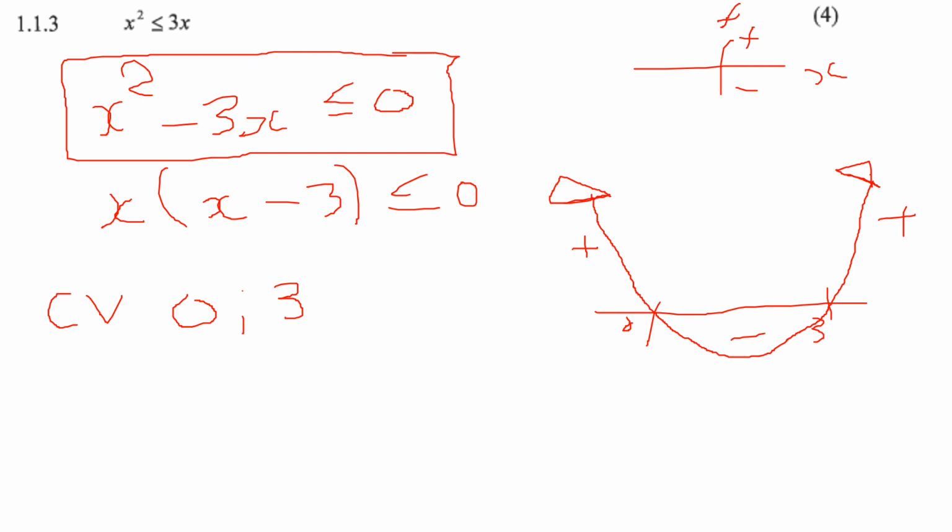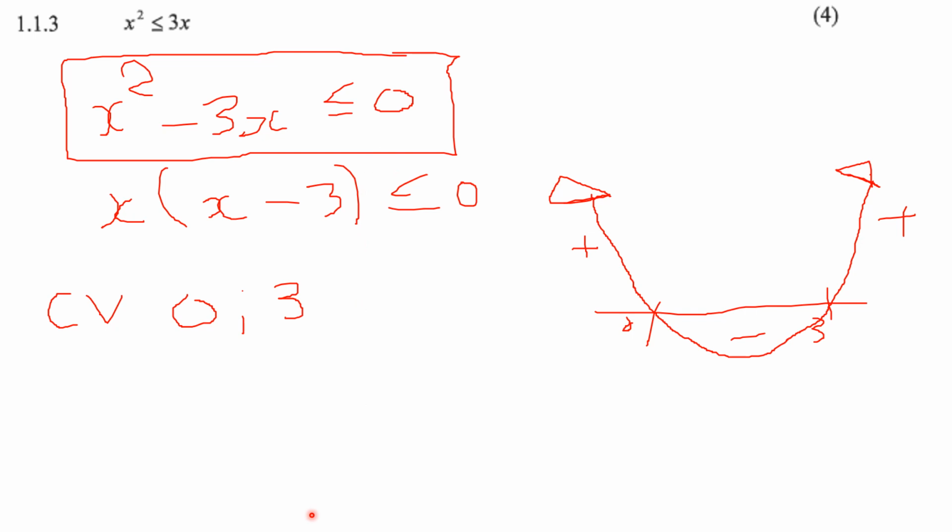So now we want to determine what the question is asking us. You check where you plotted your graph to see which values of x will be less than or equal to 0. Remember, something that is less than 0 is negative. So the values that are less than 0 will be here at the bottom of the graph.